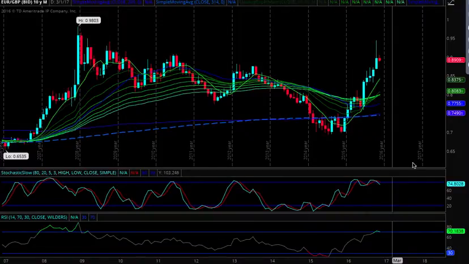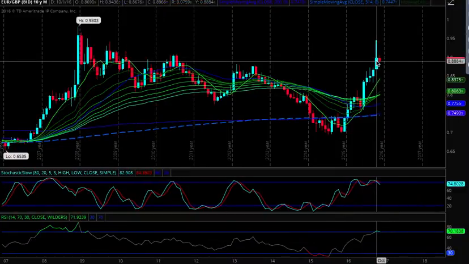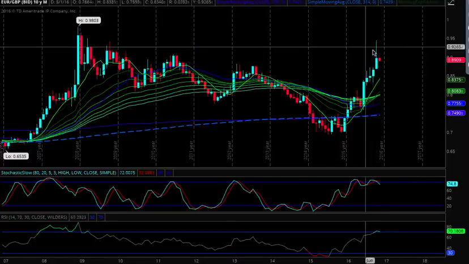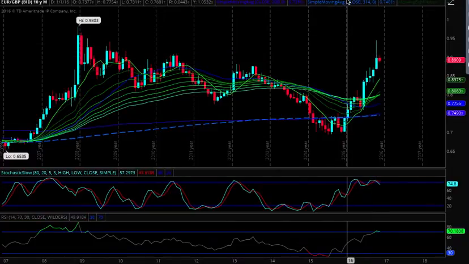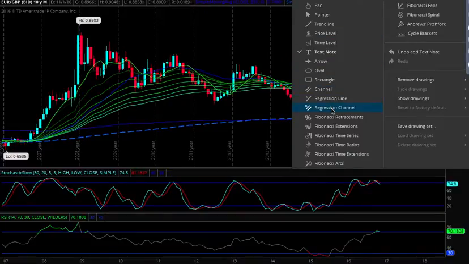So you start with the monthly time frame. And I've been saying really since September that we were getting close to a high long term. And the reason for that is I like to use this 2 standard deviation regression channel.